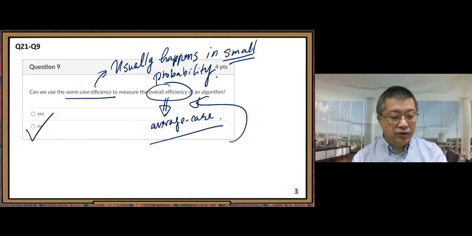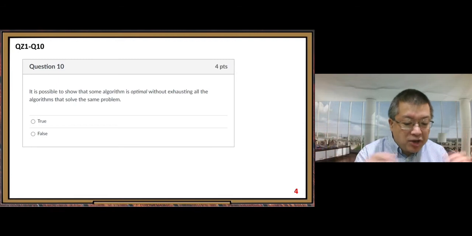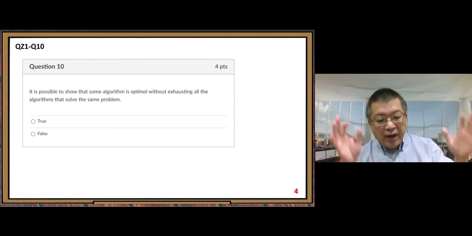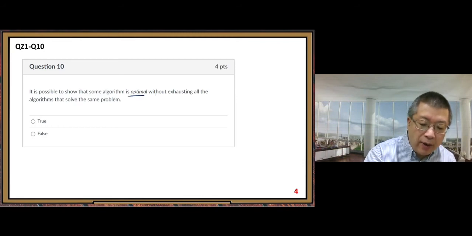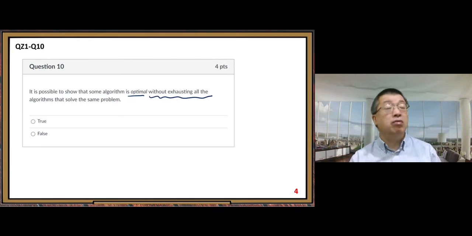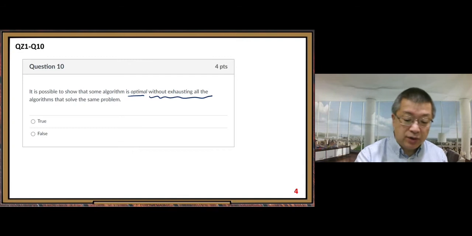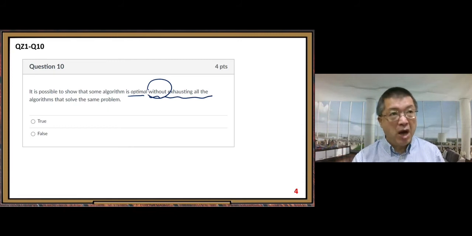The last question, number 10. Is it possible to show that some algorithm is optimal without exhausting all the algorithms that solve the same problem? Without, okay? Not with, without. We know nobody can exhaust all the possible algorithms.